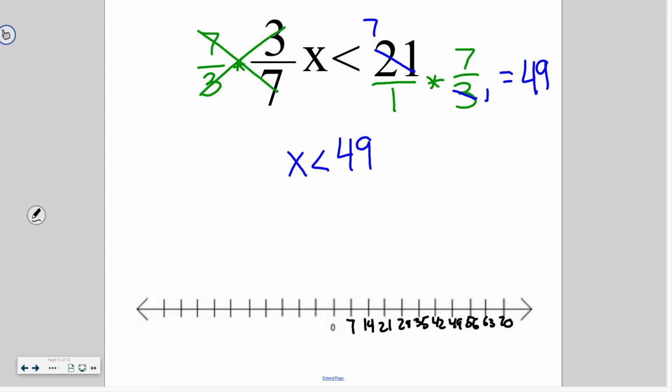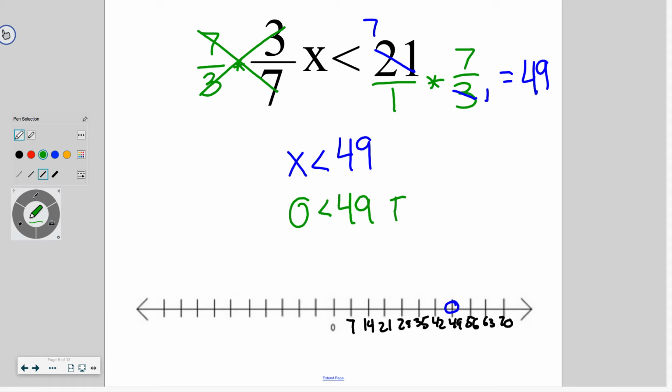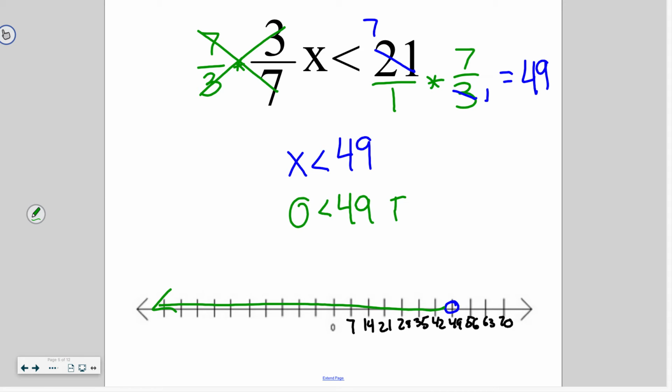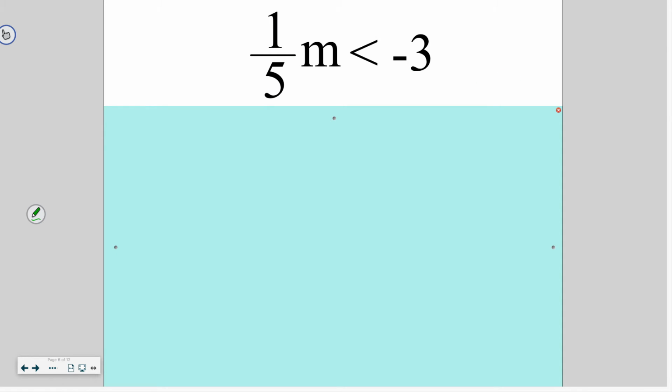So I'm going to put that open dot at 49, and I'm going to test my point and say 0 is less than 49, which is a true statement. So my arrow is going over the 0 to the left. Go ahead and try this one on your own.